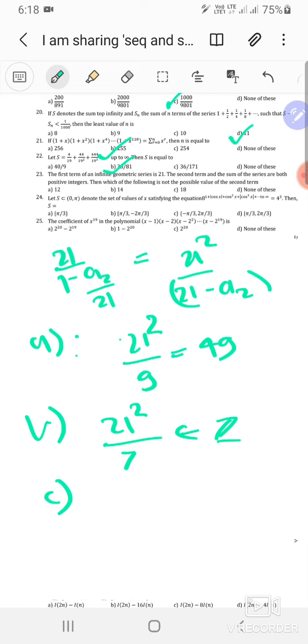The first term is 21, the second term and the sum of the series are both positive integers. Right, so a2 upon 21, that has to be the ratio. So 1 minus a2 upon 21. Yeah, looks correct to me. Yeah, it has to be like that.